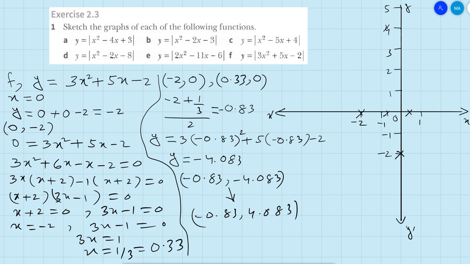So now plot these points. So this is the point.